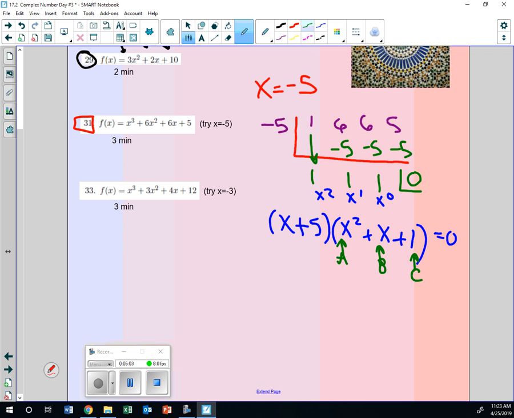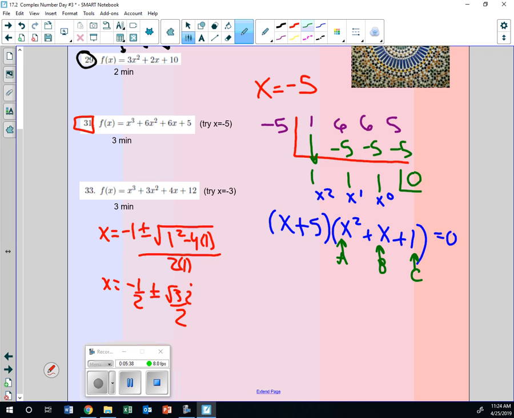So we're going to use the quadratic formula. b is 1, so we go the opposite of 1 plus or minus the square root of negative 1 squared minus 4 times 1, all over 2 times 1, which is 2a. So this is going to be negative 1/2 plus or minus, 1 minus 4 is negative 3, so the square root of 3 i over 2.